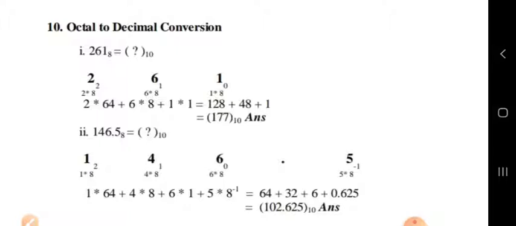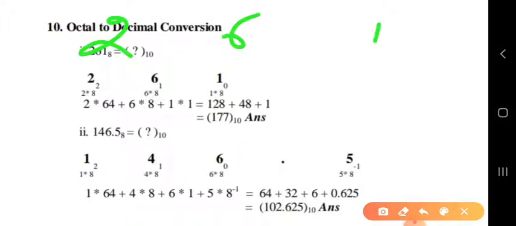To convert any octal number into a decimal number, we simply follow this procedure. Write the number 2, 6, 1. Then write the positions 0, 1, 2 for the numbers.